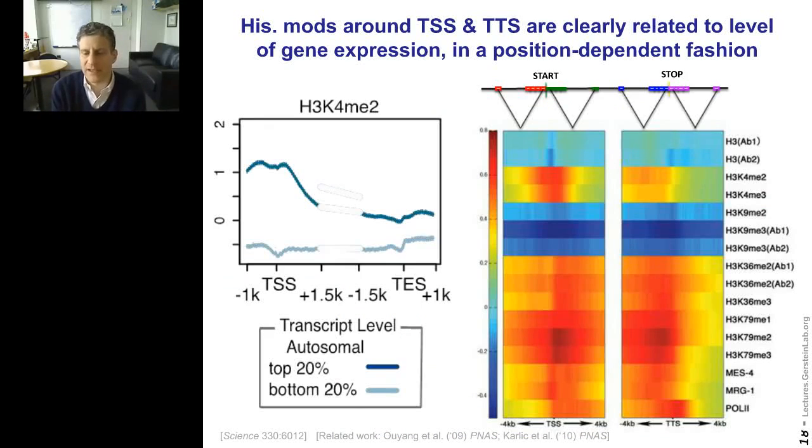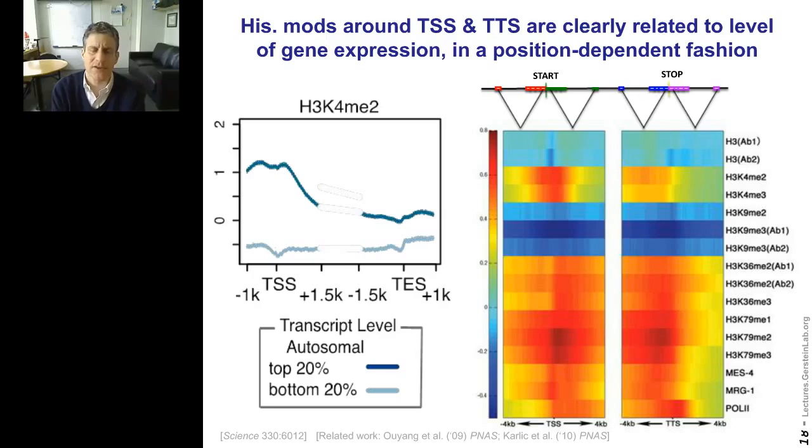And then in slide 18, the next slide, you can start to see a little bit of how the data looks. So now looking at the right-hand side of the slide, you see this heat map where we have many different histone marks, and this is a very simple heat map for a model organism. This is for worm, where you see for each of the bins the degree to which that bin has a correlation with gene expression.